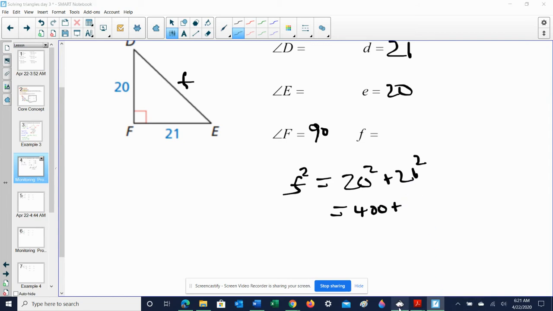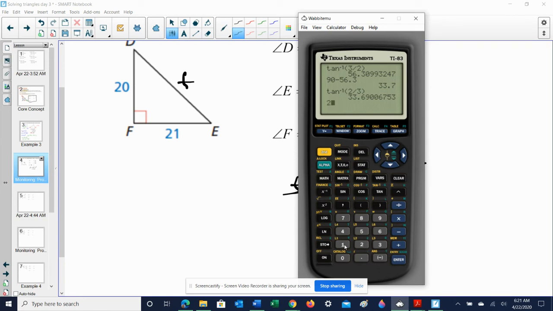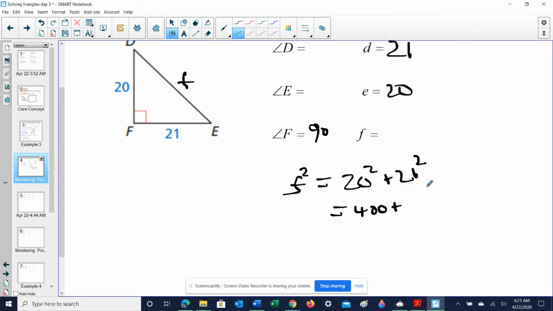If you don't, go to your calculator. 21 squared is 441. Equals 441 plus 400 is 841. That's our F squared.